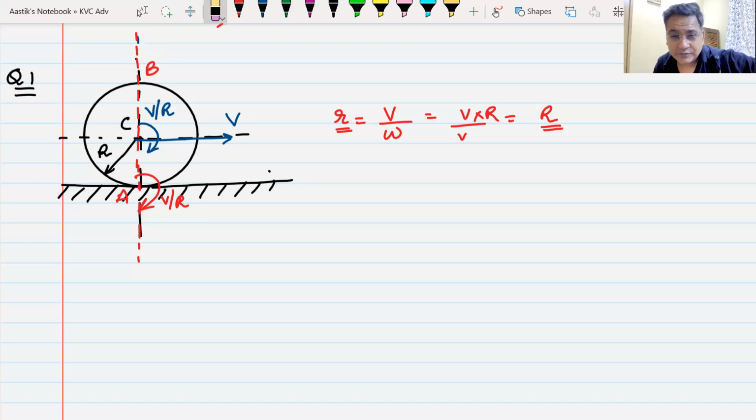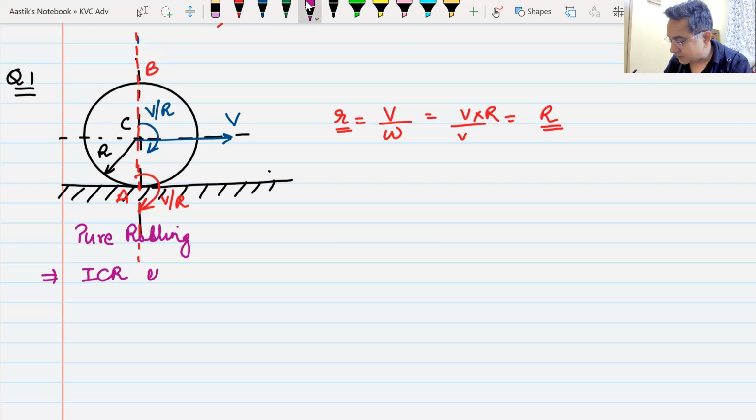This is known as pure rolling. This is the case of something which is known as pure rolling. Your ICR, or instantaneous center of rotation, is the point of contact.